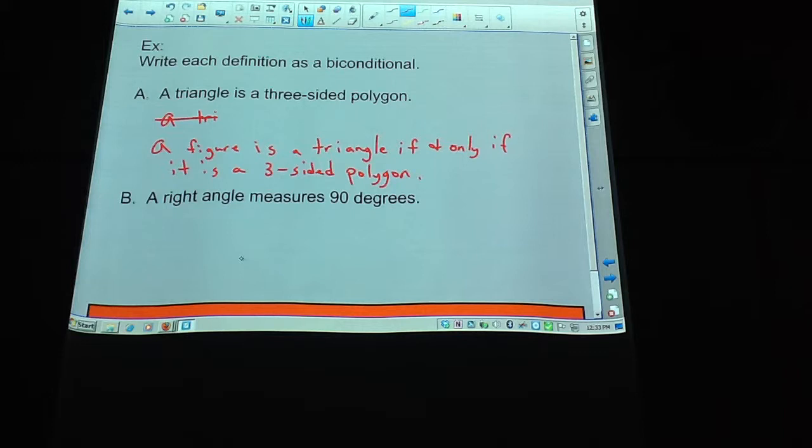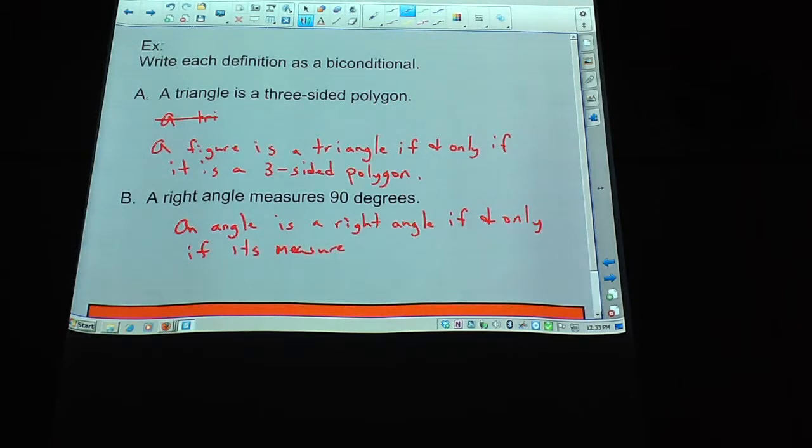I think we got one more example here. It says a right angle measures 90 degrees. So we're going to write: an angle is a right angle if and only if its measure is 90 degrees.